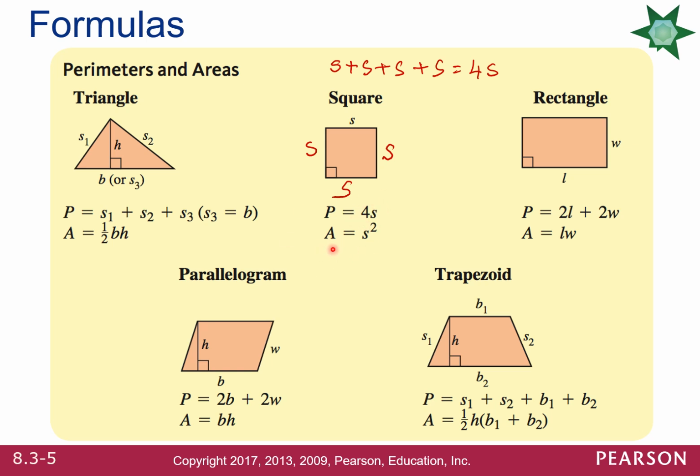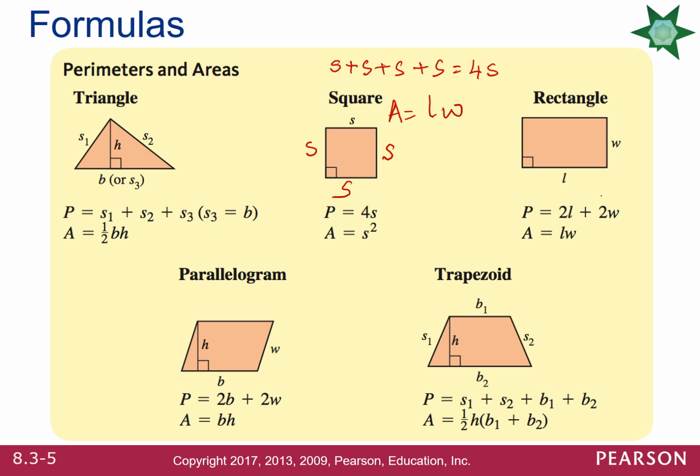As far as the area is concerned, area is S squared. Area is S multiplied by the S on this side. So it's essentially length, all right, for any rectangular figure. The area is length times width.